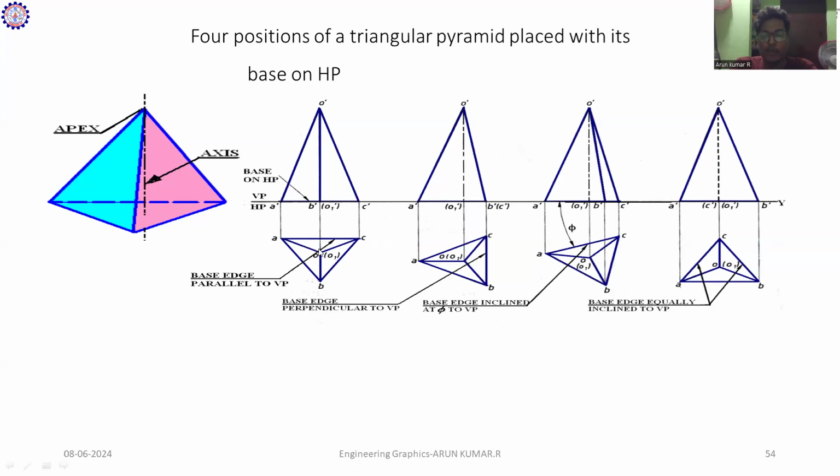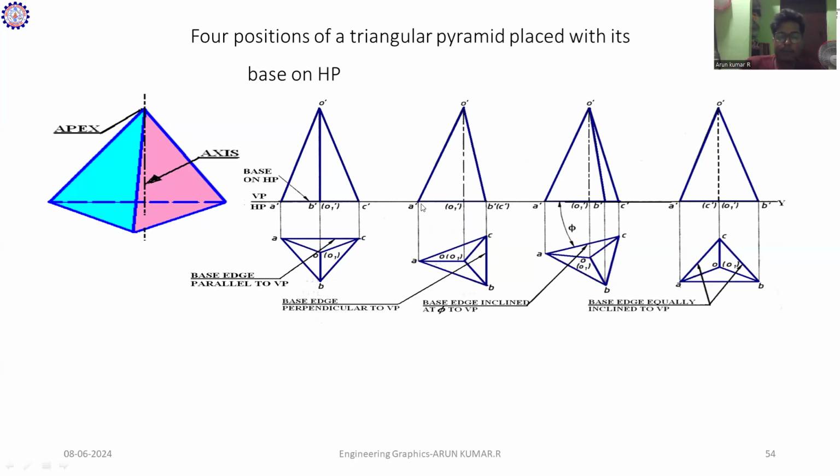Let's move on to the second topic: the base edge perpendicular to VP. The three base edges are there, and you take any one side. Let's assume BC is perpendicular to VP. Draw the XY line, then draw BC perpendicular to it, maintaining a minimum of 10 mm.